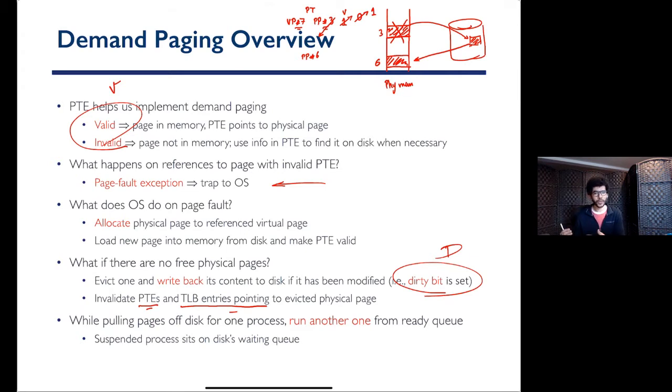The SSD, for example, starts DMAing the page to memory, and while the DMA is happening, the CPU could go and run someone else. Once the DMA is done, the SSD, your hard disk, will raise an interrupt, and that would cause the interrupt handler to run. The interrupt handler will notify the process that was blocked because of this paging and make it ready, and then eventually the scheduler picks the process to run it again.